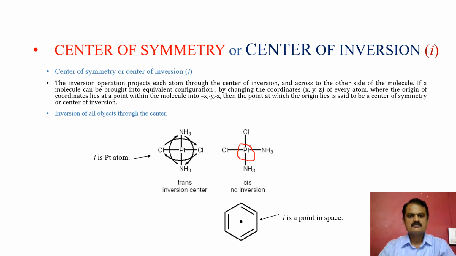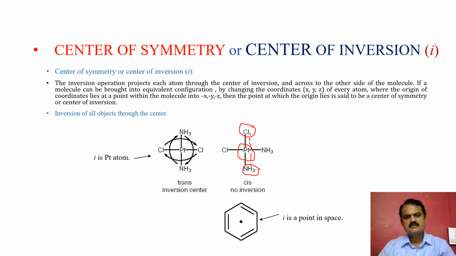When you draw a dotted line in this way, we get here an atom, that is Cl. In the opposite direction, when you draw the subsequent line, we get here the NH3.